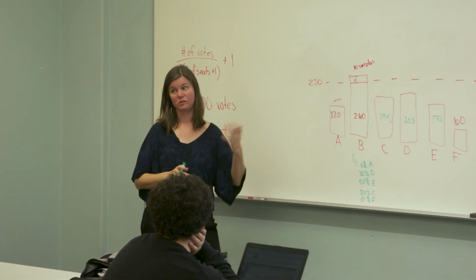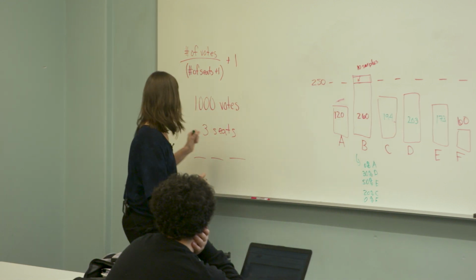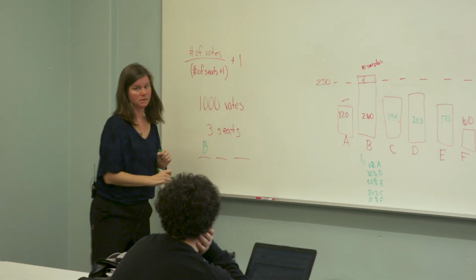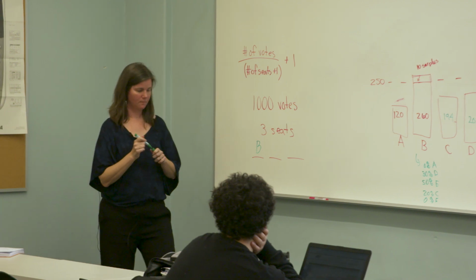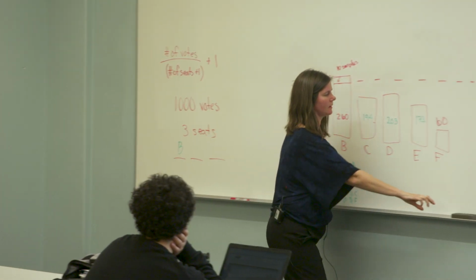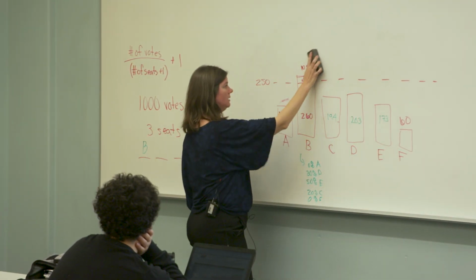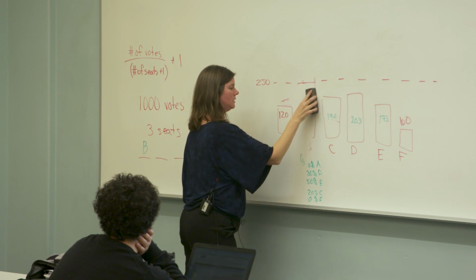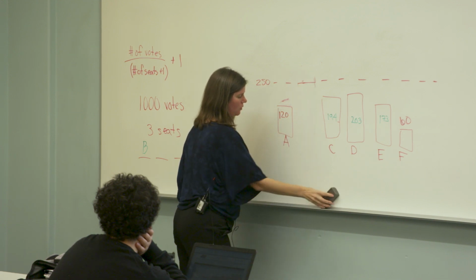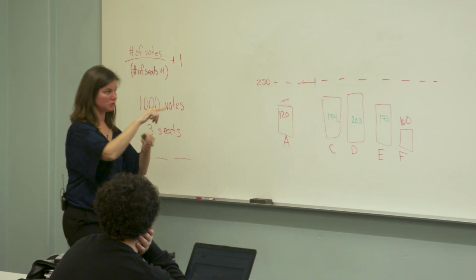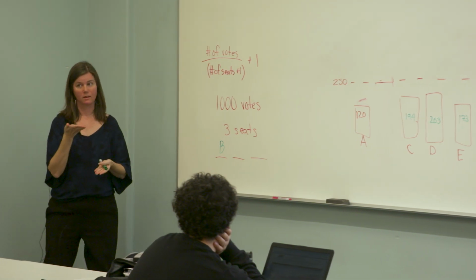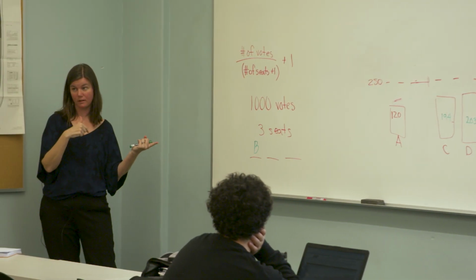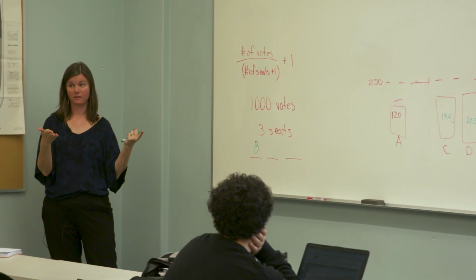And then B is just done, because B has a seat. Okay? Now, if distributing those extra seats gets someone over the threshold, then they fill another seat. But I haven't done that yet.